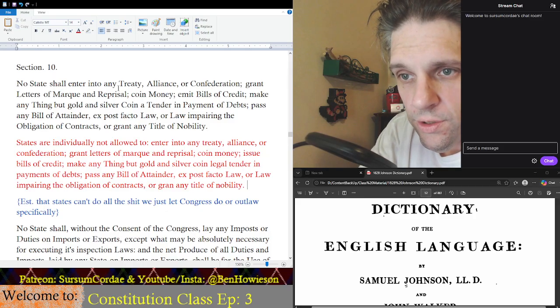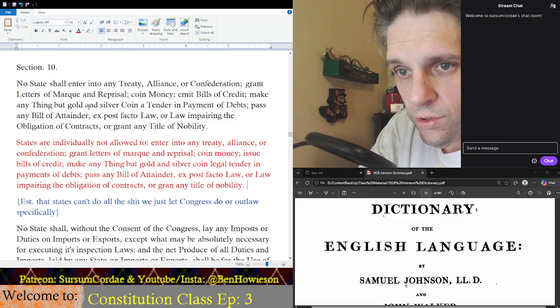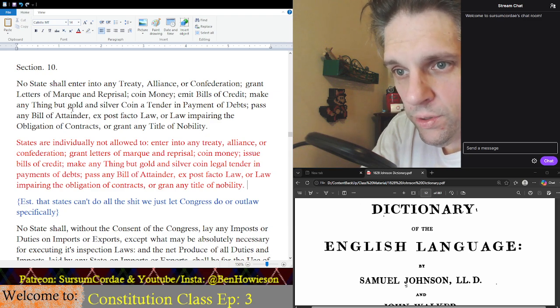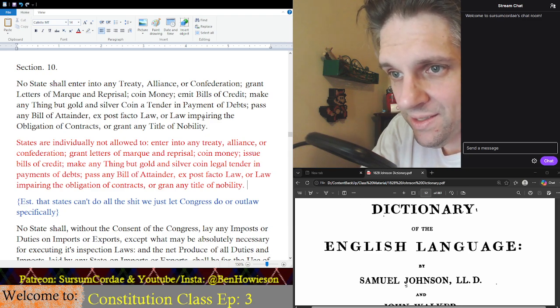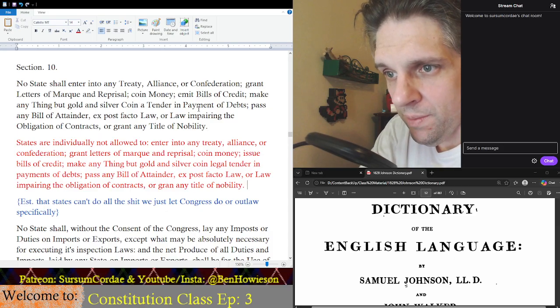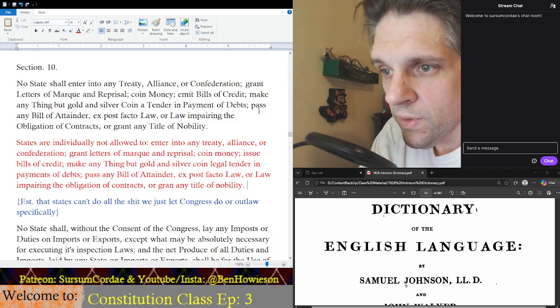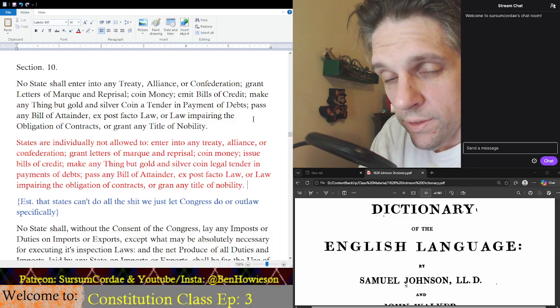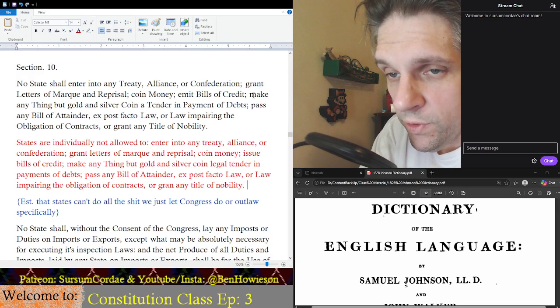No state shall enter into any treaty, alliance, or confederation, grant letters of mark and reprisal, coin money, emit bills of credit, make anything but gold and silver coin a tender in the payment of debts. Coin a tender is a good phrase. I mean, not for legal documents, but in a romantic sort of poetic way from two centuries ago.